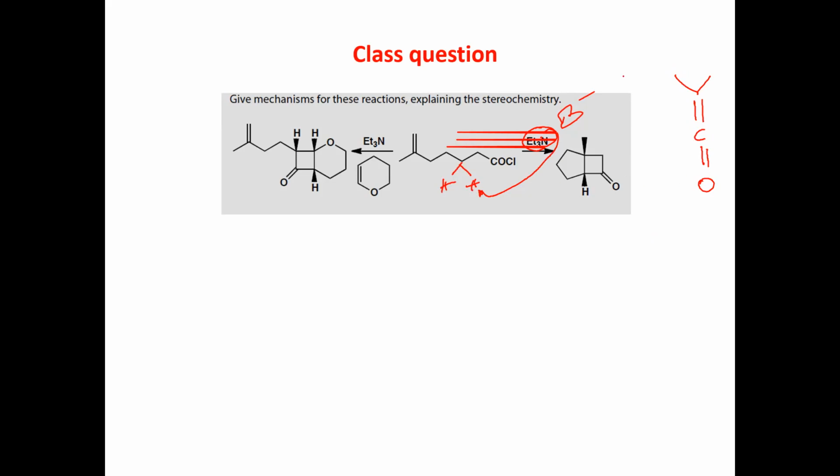If you see this reaction and you remember that you have this double bond on the other side, what are ketenes good for? In the presence of another double bond, they can do cycloadditions, okay?